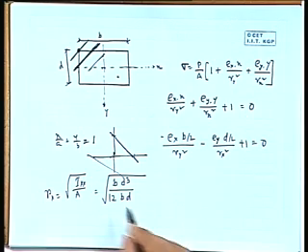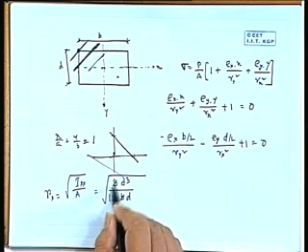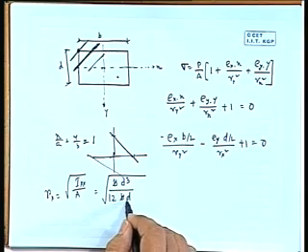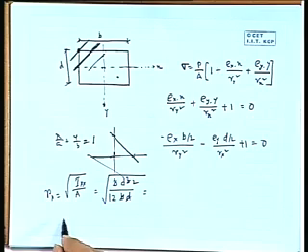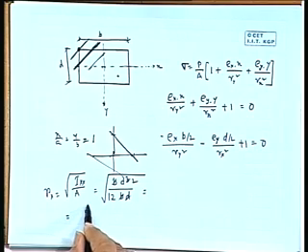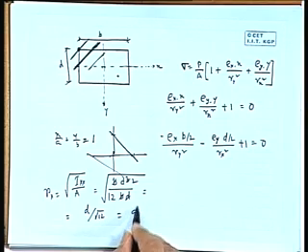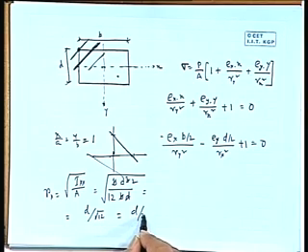So, if you cancel b, it will be d by root 12, or sometimes we can write d by 2 root 3. So, Ry will be b by 2 root 3 in a similar manner. Here Rx square and Ry square, automatically it will be d square by 12 and b square by 12.